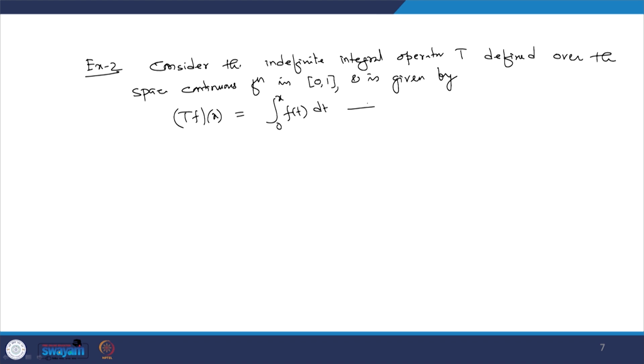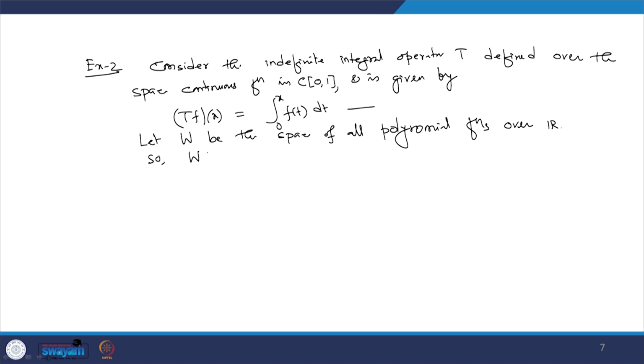So this is my integral operator, the indefinite integral operator T. Let W be the space of all polynomial functions over the real line R. You will see that this W is a subset of the space of all continuous functions, which I can name C01.